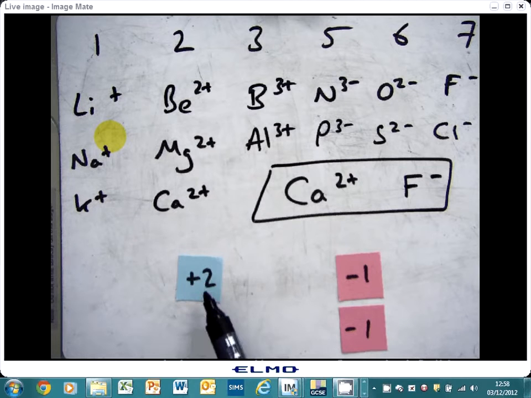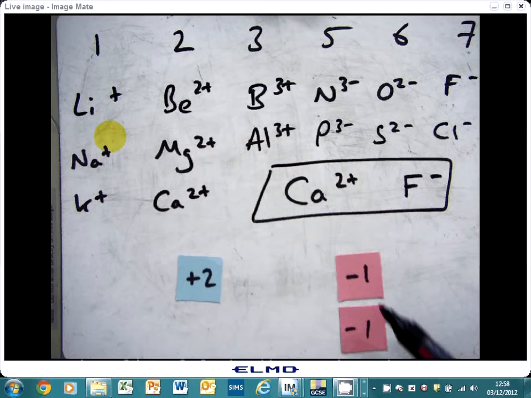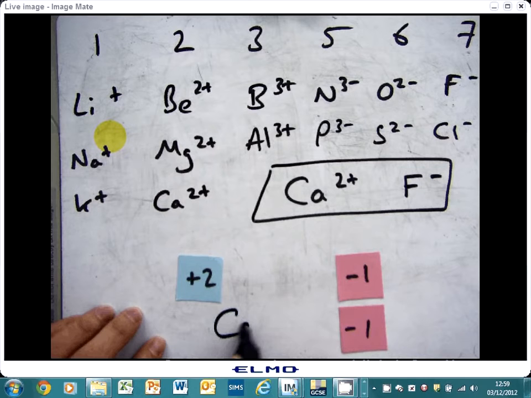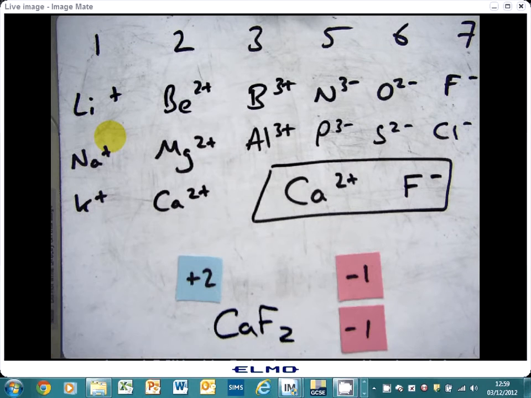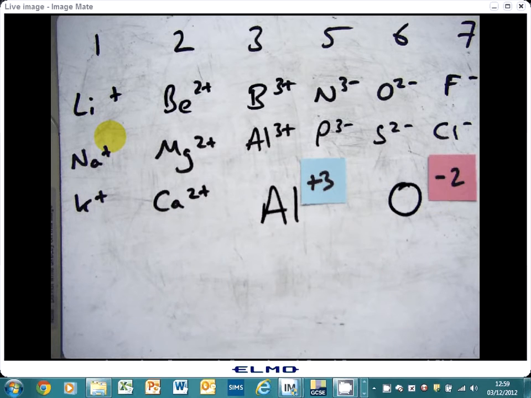So here I've got one calcium with the charge of 2 plus, and I've got two fluorines, each with the charge of 1 minus, giving me an overall charge of minus 2, meaning that they are now balanced. Therefore my formula is Ca, got one of those, F2, because I've got two fluorines.